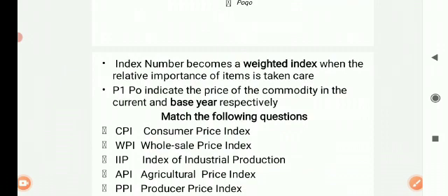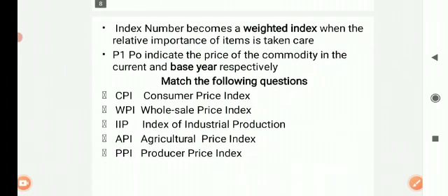Look at the next one. P1 and P dash indicate the price of the commodity in the current year and base year respectively. It means P1 indicates the current year price, P dash indicates the base year price. Hope you understood, my dear students.